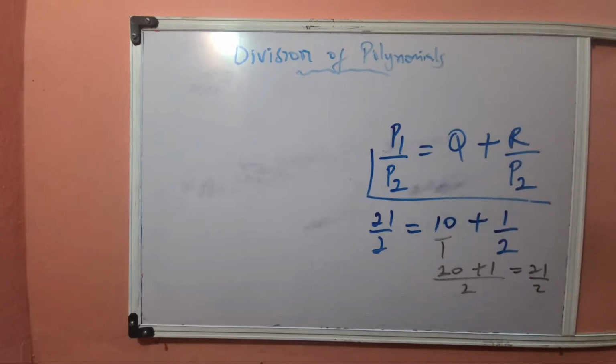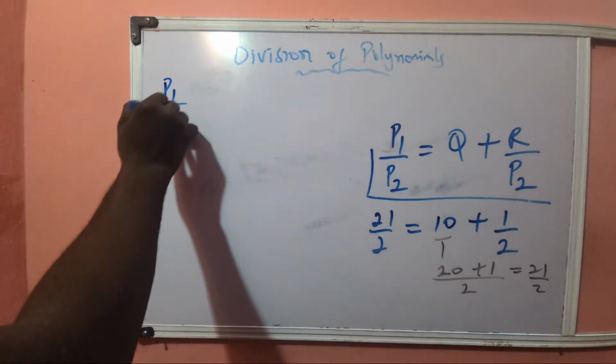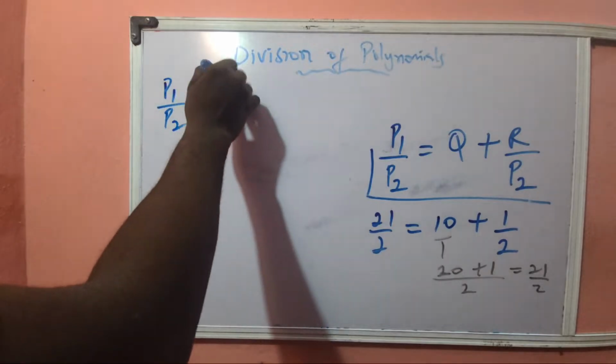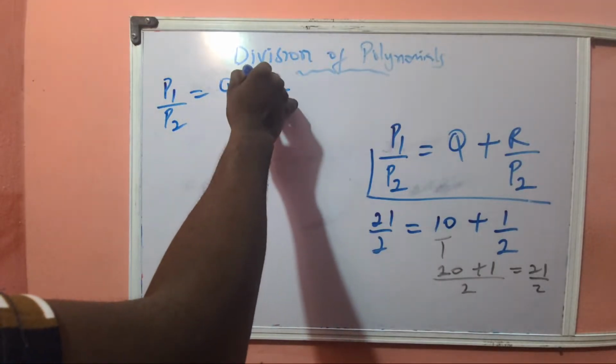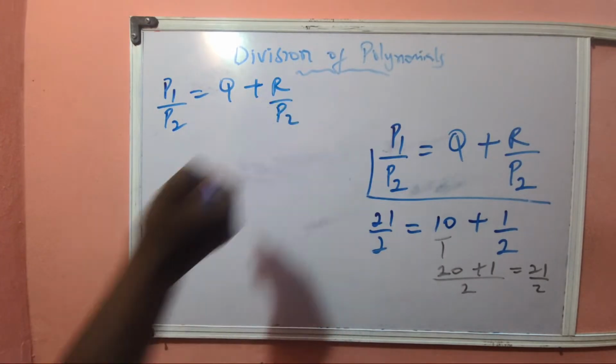All right. Now that this is the case, let's establish something very quickly. Let's make this much simpler. So we had P1 over P2 is equal to Q plus R over P2.